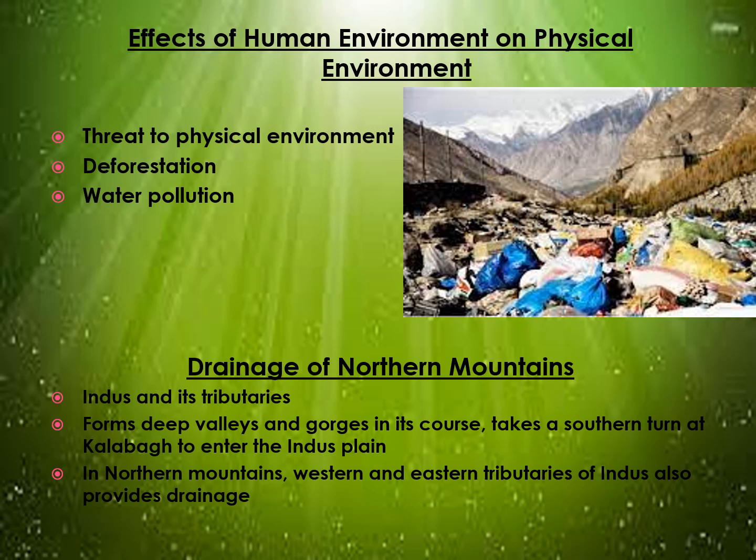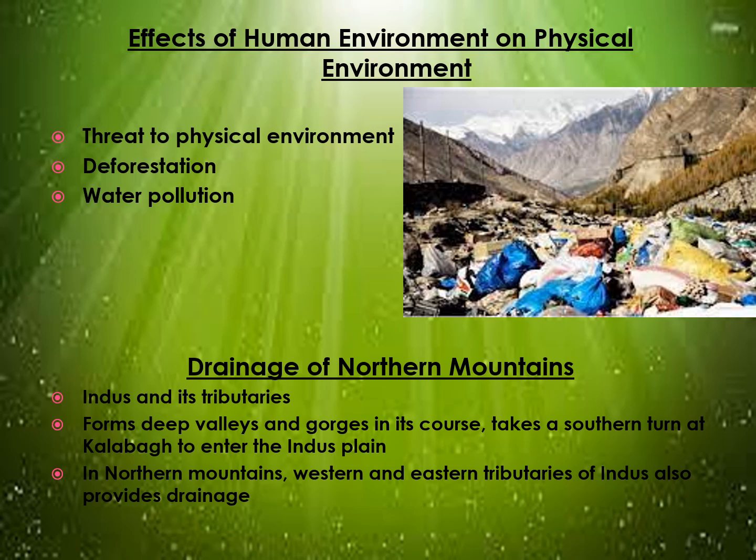Now, if we talk about the drainage of the northern mountain areas, Indus and its tributaries are the major drainage feature in that area. Indus originates from Lake Mansarovar and it is joined by river Swat. Indus itself is joined by river Kabul at Attock. It also forms deep valleys and gorges in its course, and it takes a southern turn at Kalabagh to enter the Indus Plain.